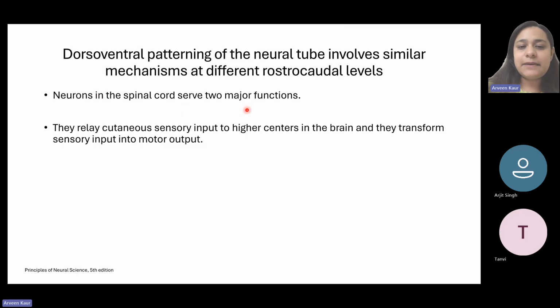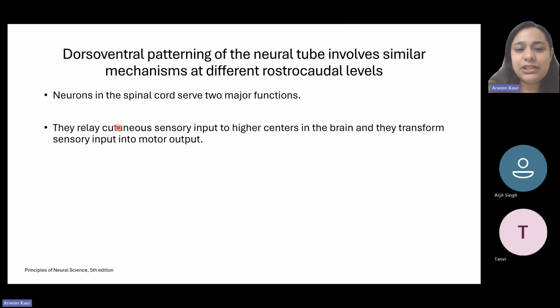So the neurons in the spinal cord serve two major functions, right? Over here we will understand with the example of spinal cord neurons, which are towards the hind end or the caudal end, right? So, what do these spinal cord neurons do? They will do one of two major functions.